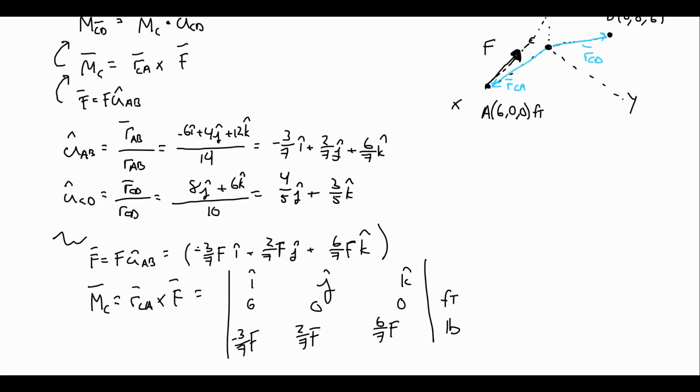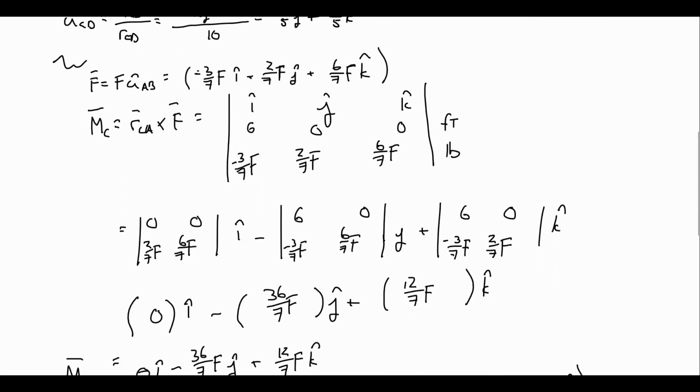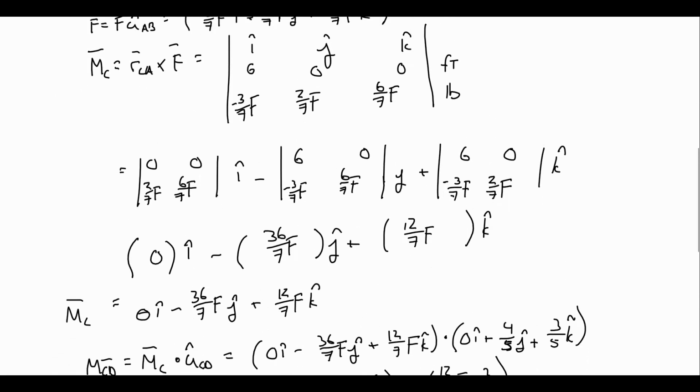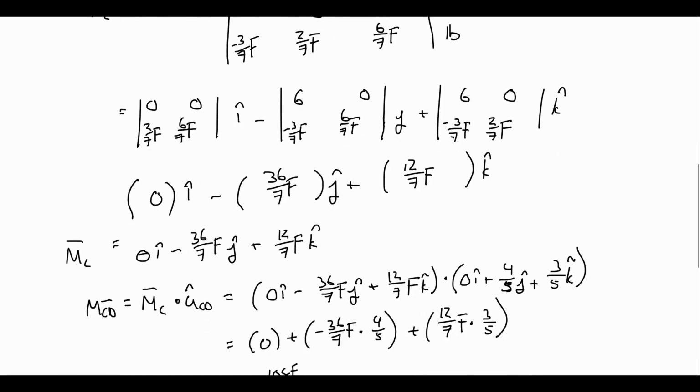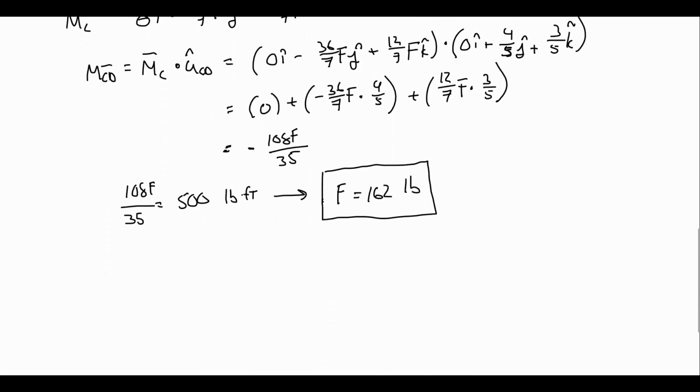So I like to start by finding all the unit vectors we're going to need first, which was u hat AB, u hat CD, and then just running through the steps. In this case, not knowing the magnitude of f until the very end, but I can still find the moment about a point just with a variable. I can still find the moment about an axis just with a variable in it, and then equate the things I know at the end and get my final result.